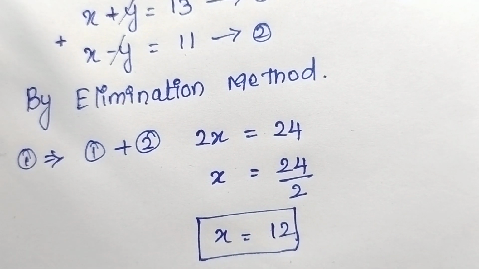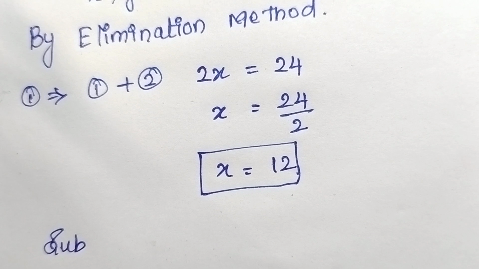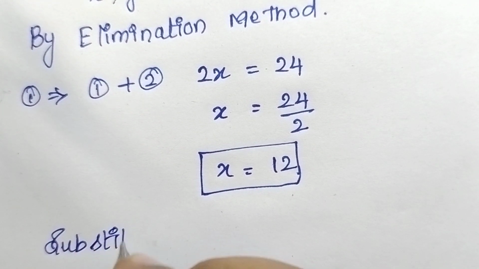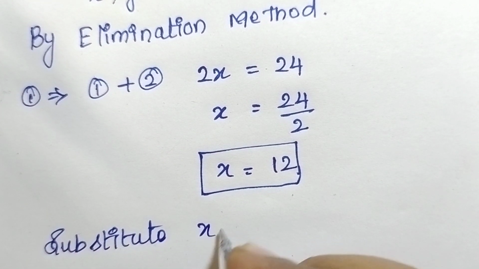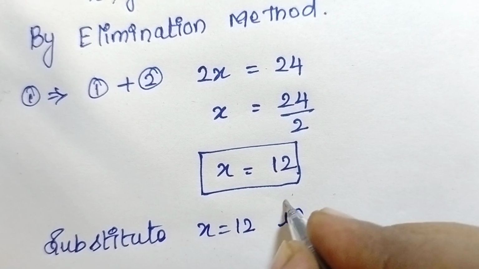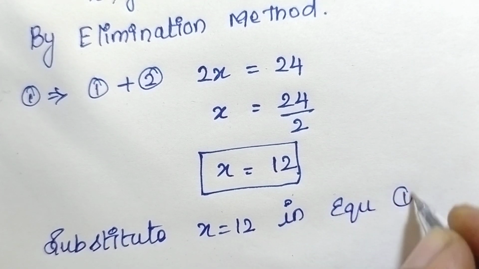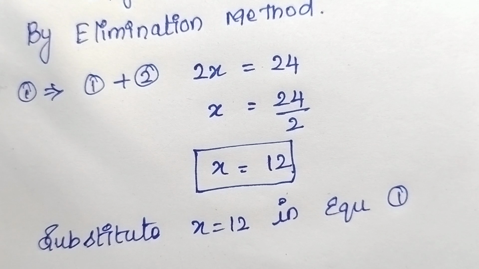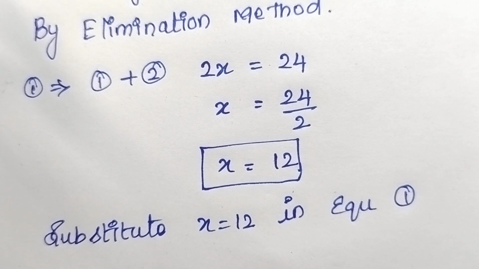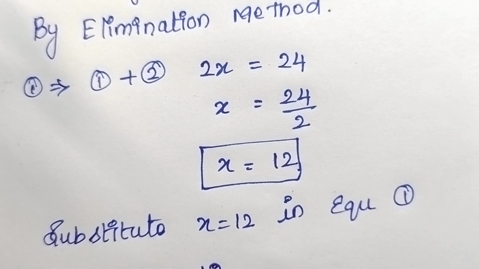Now I am going to substitute x is equal to 12 in equation number 1. You can substitute in equation 2 also, but here I am by default selecting equation number 1. So x plus y is equal to 13.